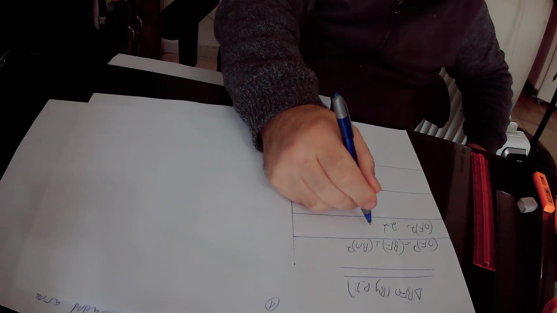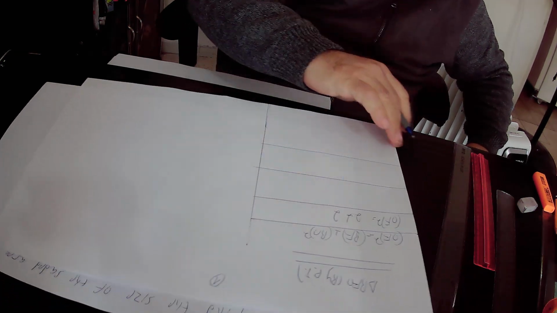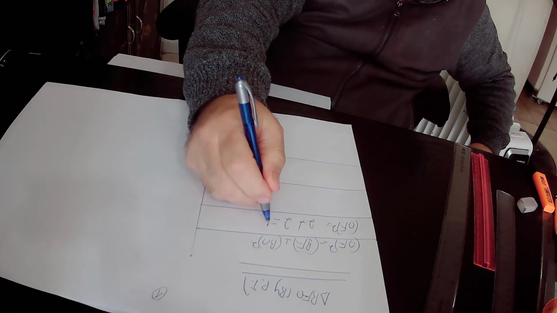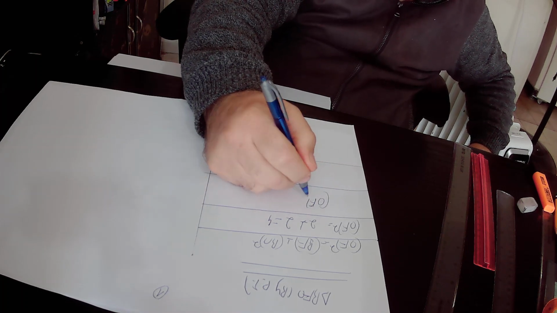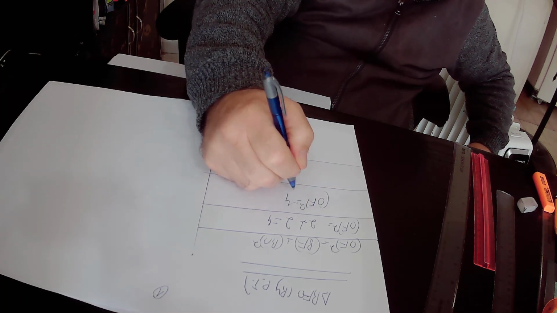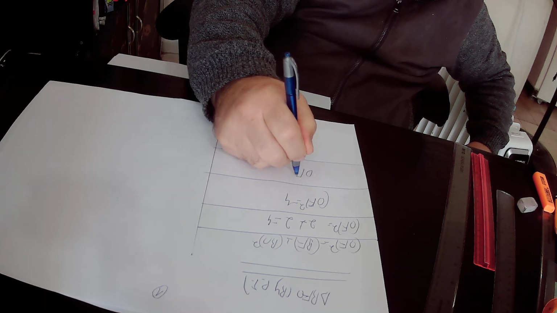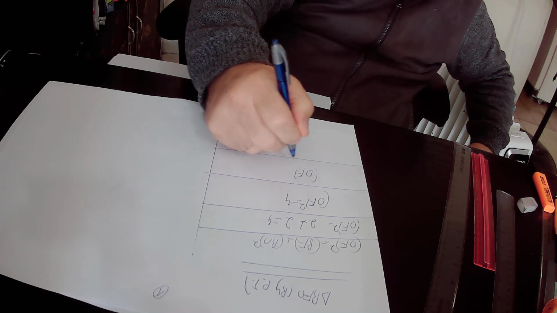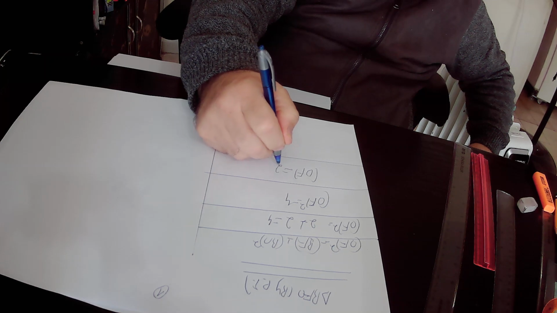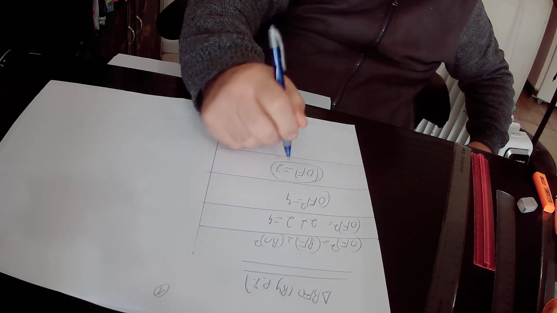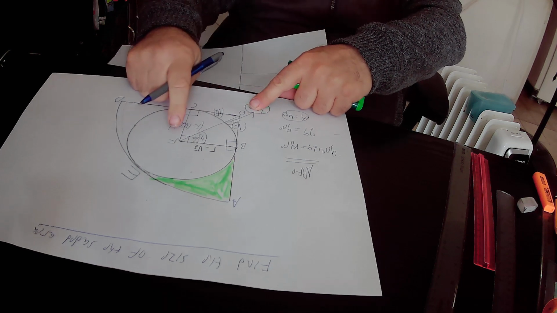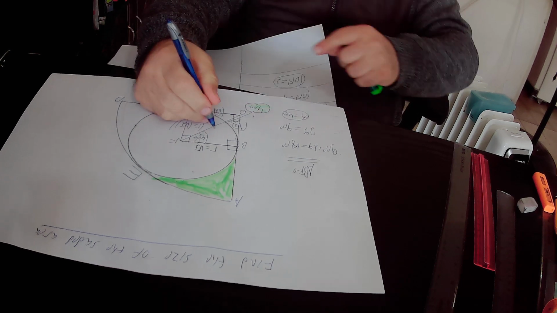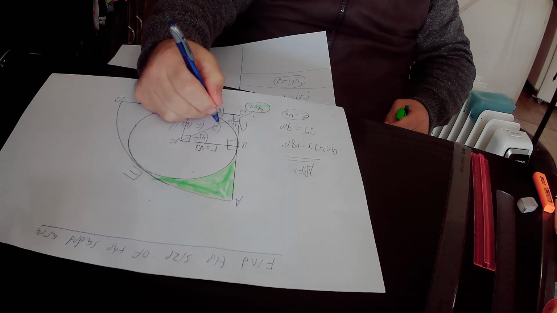So in conclusion, we know that OF square equals 2 plus 2, that is 4. OF square equals 4. Here we take a root out of this equation, and finally we get that OF, the length of the hypotenuse, equals the square root of 4, that is 2. So here, the hypotenuse OF equals 2 units in length.